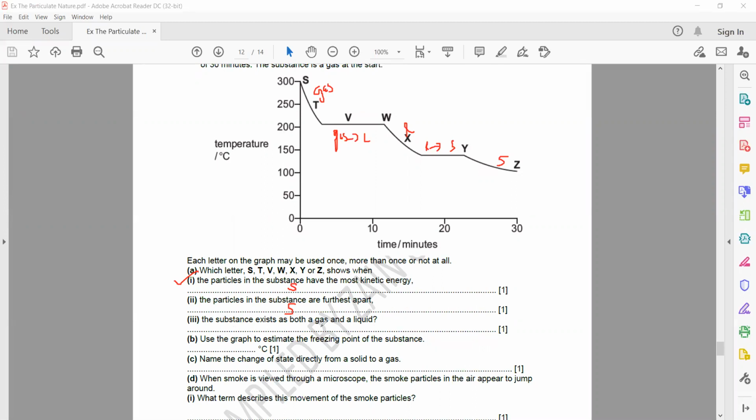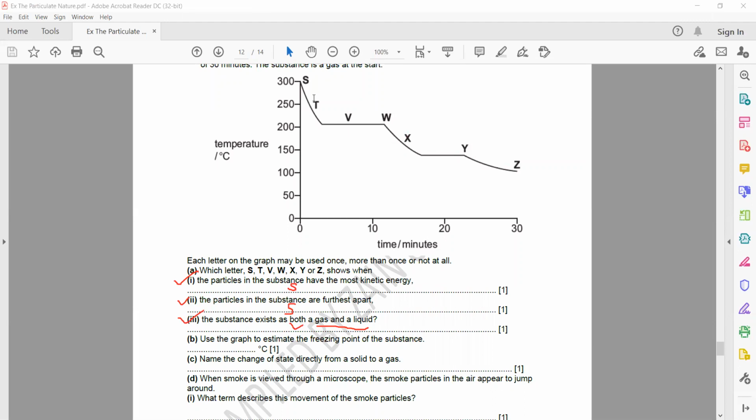The substance exists as both gas and liquid. So which region do we have gas and liquid both? That's V. The letters I wrote show the states.